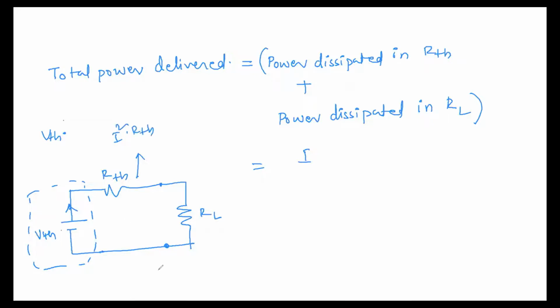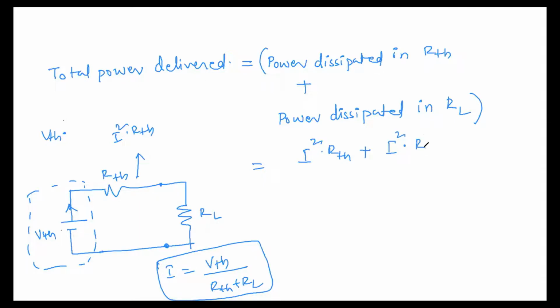So what is I? I is equal to VTH divided by RTH plus RL. Okay, this is I. Now just substitute it: I square RTH plus I square into RL. Since RL is equal to RTH, because maximum power is delivered only at that condition, you can replace RL with RTH.